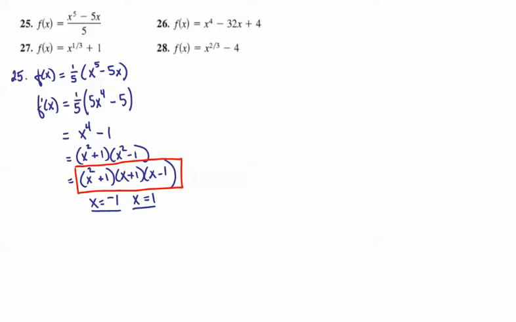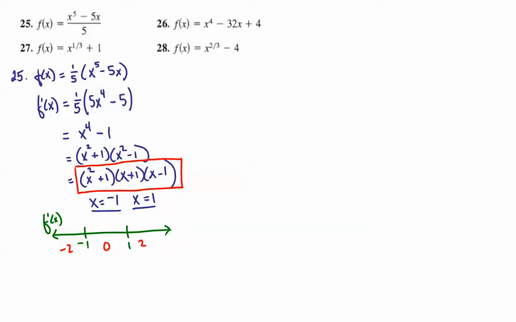We make our number line with our critical numbers, and we remind ourselves that we're working with the first derivative here. Find some test points. 0 is good, 2, -2, and we're going to plug them in. Now whatever we plug into x squared plus 1 is always going to come out positive. So we only need to worry about the second and the third factors.